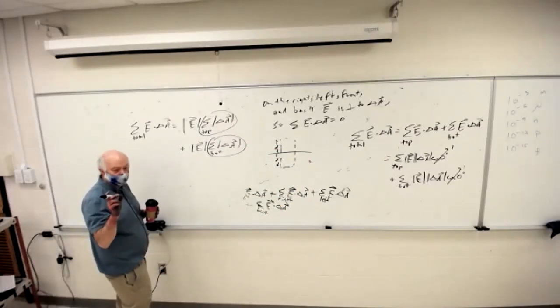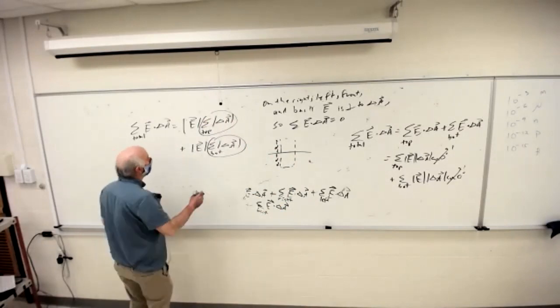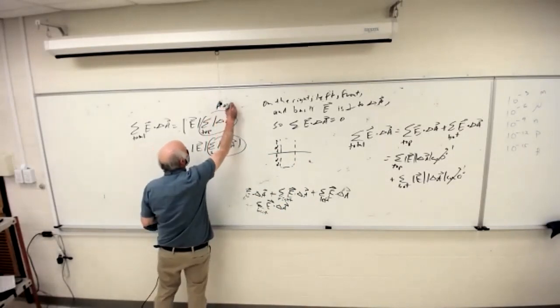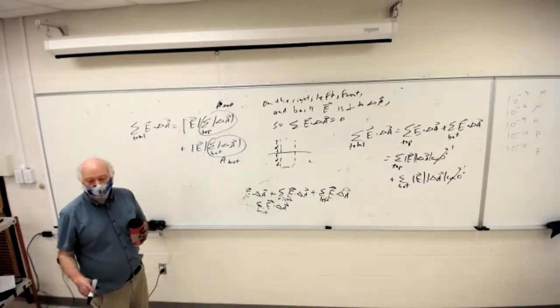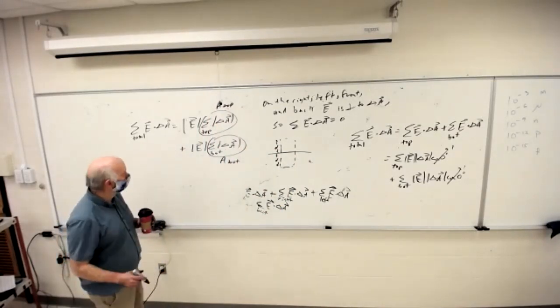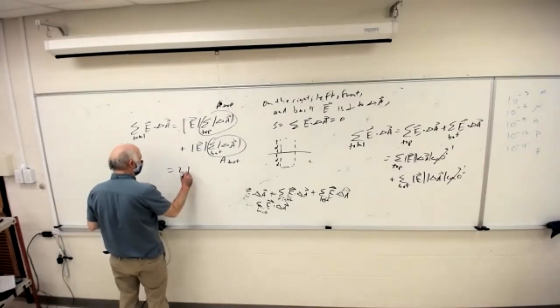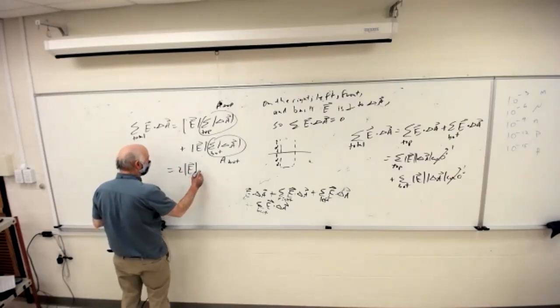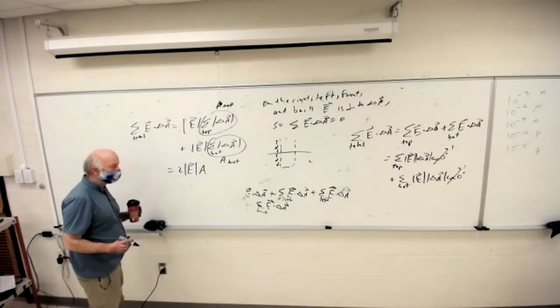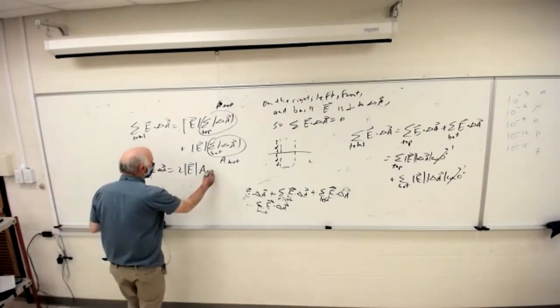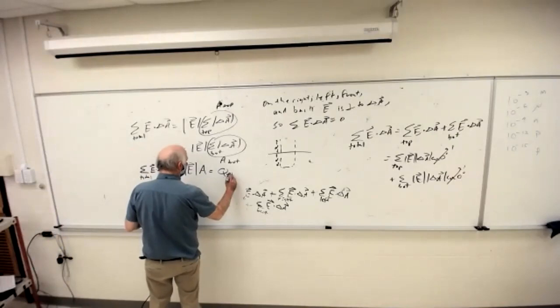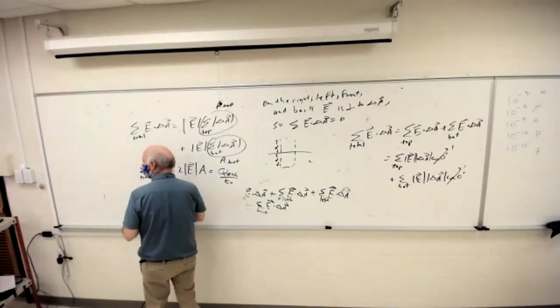If you're starting with tiny little areas, it's going to be the area at the top, and this is the area at the bottom. But what do you know about the top and bottom areas? They're the same. So this becomes 2 times the magnitude of E times the area. And this has to equal the charge enclosed over epsilon naught.